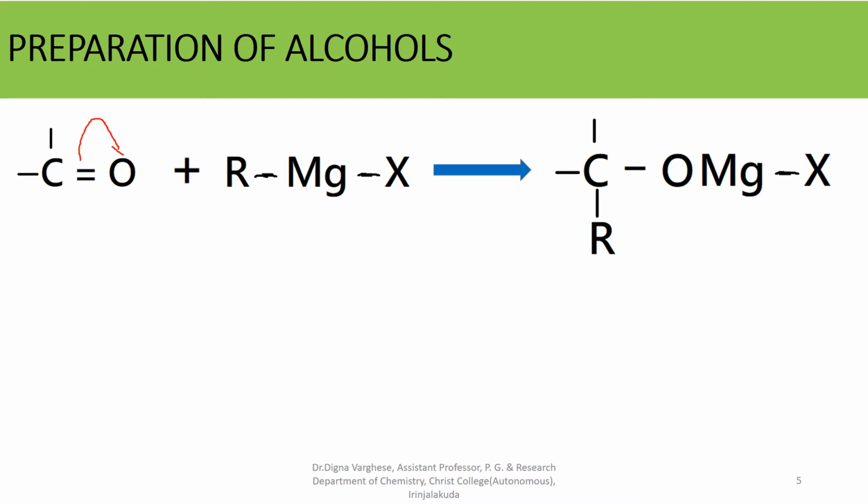Oxygen is the most electronegative element compared to carbon, so the electrons are shifted towards oxygen. So oxygen becomes negatively charged and carbon positive. We know a metal is a Lewis acid, so it gets a delta plus charge here. Compared to the metal, the electrons are shifted to the alkyl part, so it has a partial negative charge.